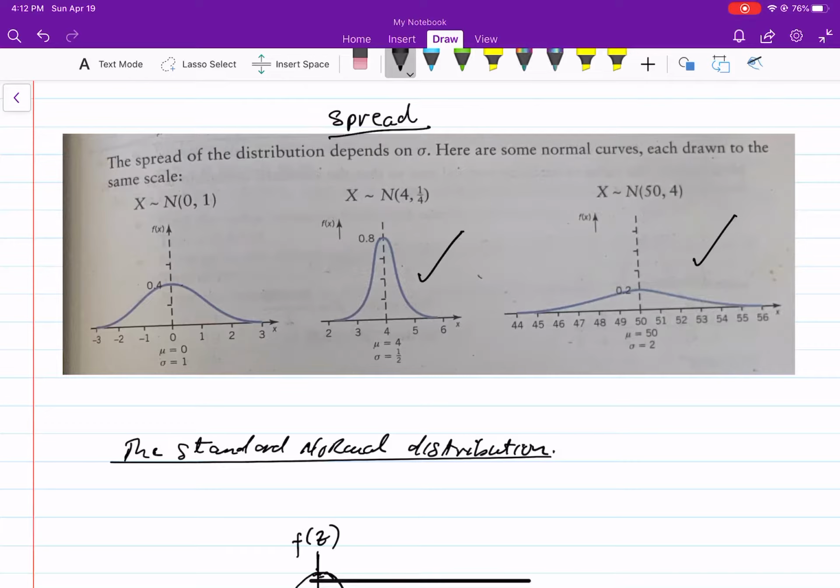So for all different values of mu and variance, this second one here, by the way, the mean is 4, the variance is a quarter, as you can see, a small variance. The second one, the mean is 50, displaced further down the line, but the variance is 4, much bigger than the quarter, and therefore that's why you see the wider curve.